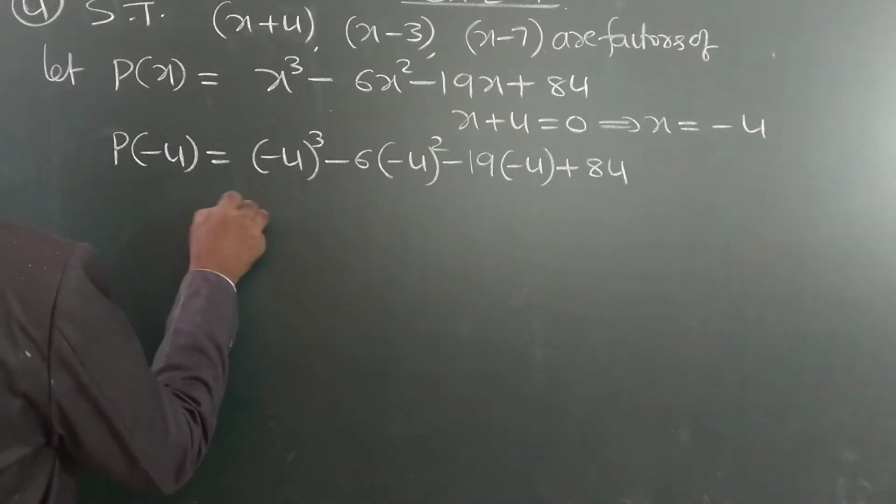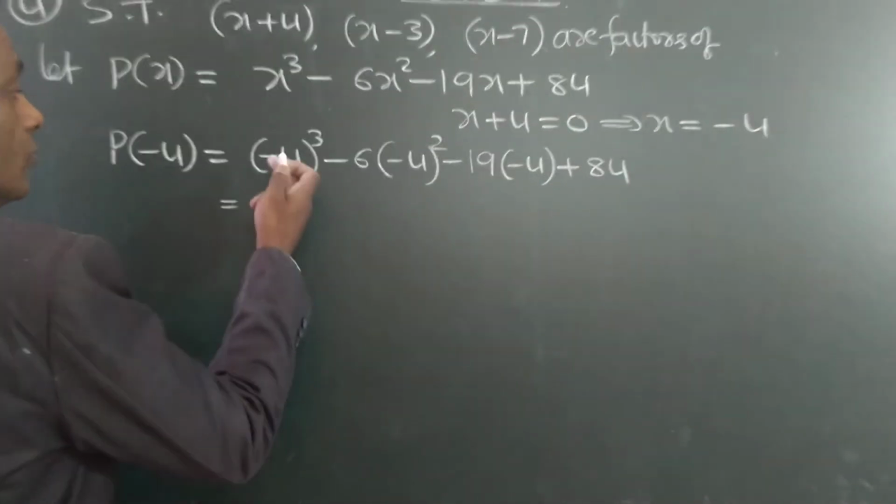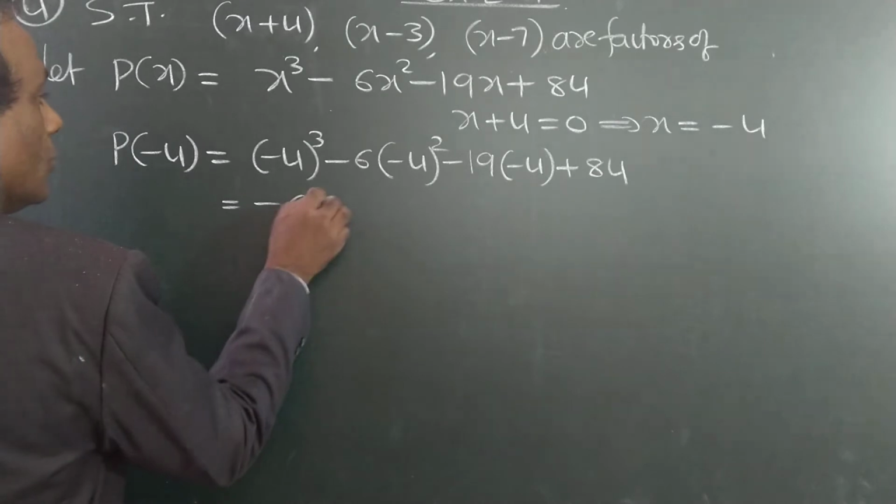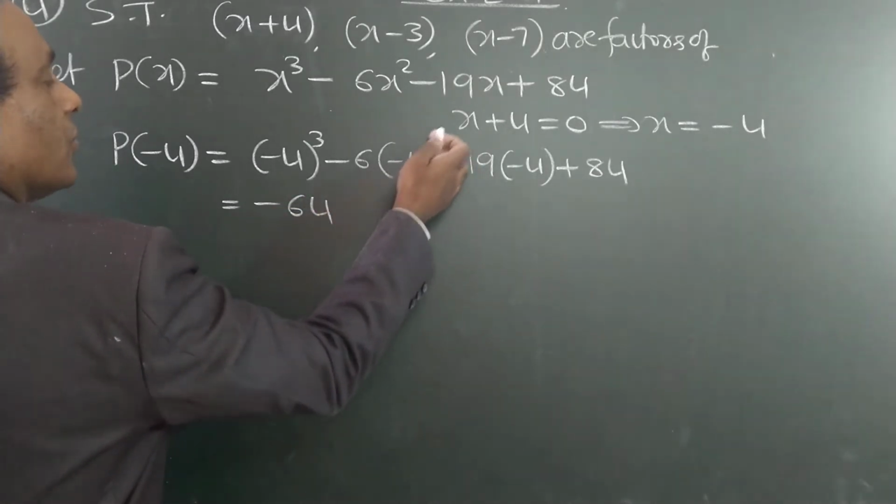Minus 4 whole cube is 4 into 4 into 4. 4 4s are 16, 4 16s are 64. Minus 4 whole square, 4 square is 16.